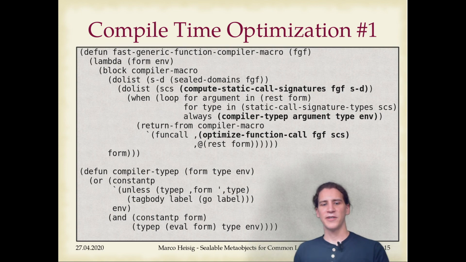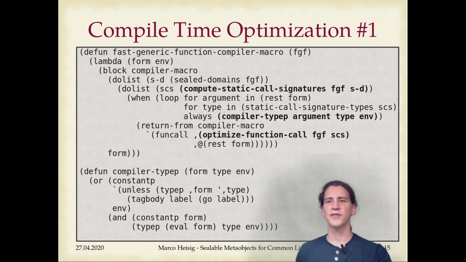The magic part here is the function compiler-typep that I came up with. Compiler-typep takes three arguments: a form, a type specifier, and an environment, and it returns whether the result of evaluating this form is of the specified type. The trick is a use or abuse of the function constantp.